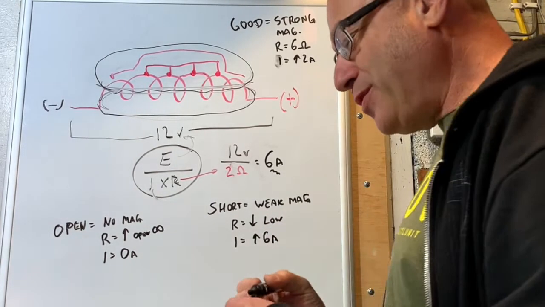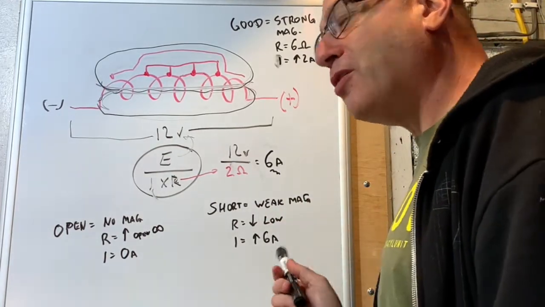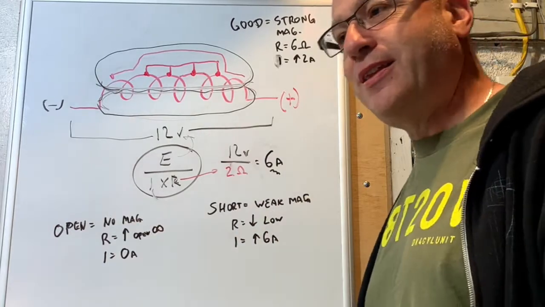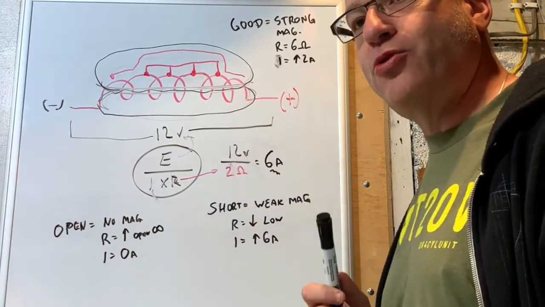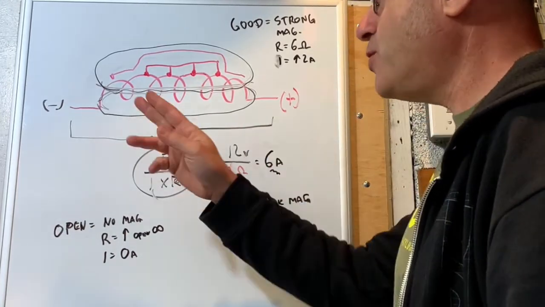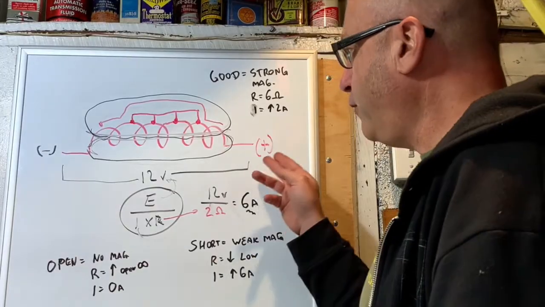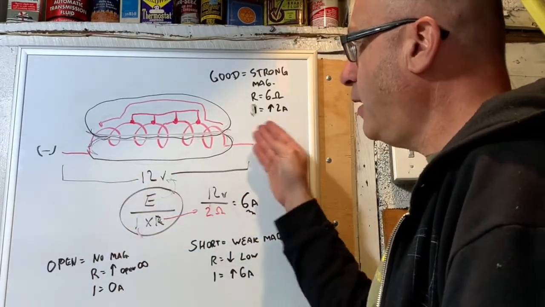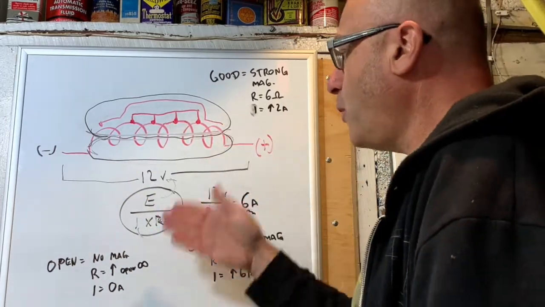So this is one of those things where you go, but it's a weaker magnetic field, but the current, well, see, you have to understand the theory that the fact that it's pulling more current is a sign that this is shorted. Now, normally in some situations, if there was a fuse on the circuit, we might keep blowing the fuse. Well, if I have no shorts in my power or ground side, that would tell me that the coil is shorted internally.